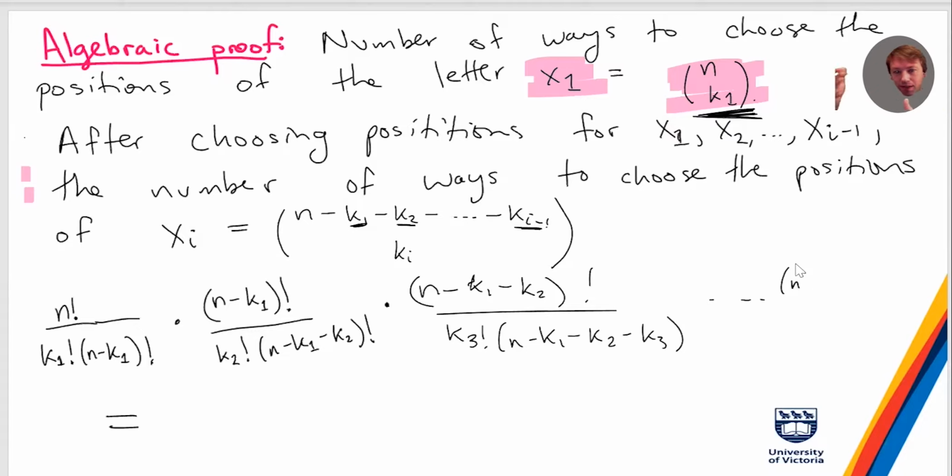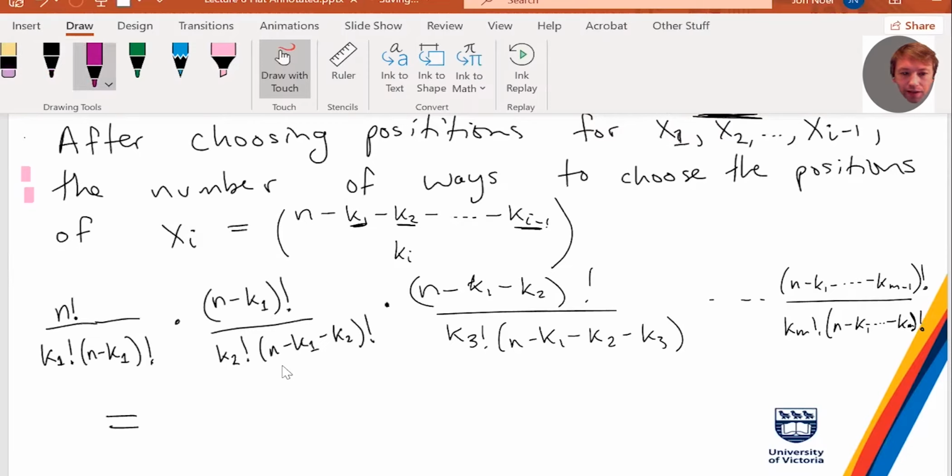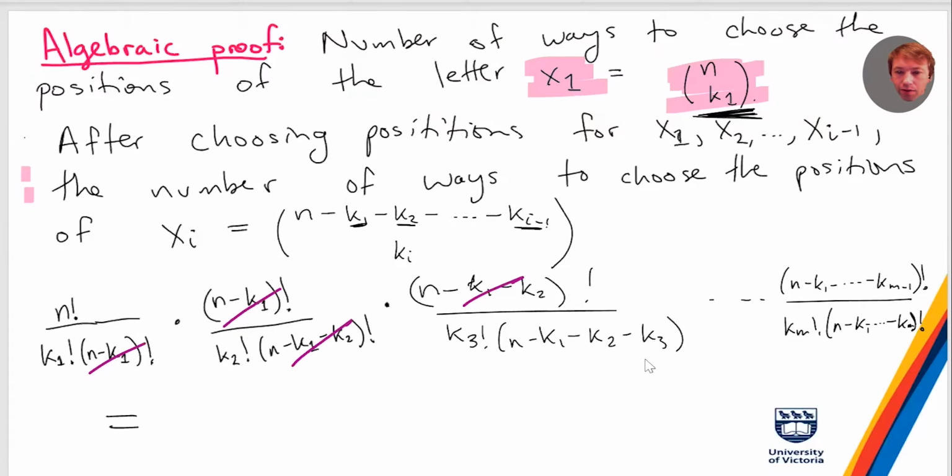Because once I've chosen the positions for every letter except the last one, you're done. So I'm going to write it like this: the last thing I'm choosing is the second last letter, and the number of choices I've got is like this. Anyway, this is really just algebra, and you get a bunch of cancellation, just like we saw in the case of 3 letters, right? Except now you have more cancellation, so it goes all the way down, and you are left with this thing.